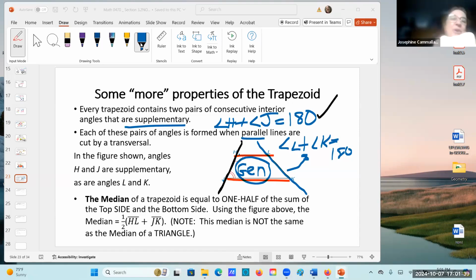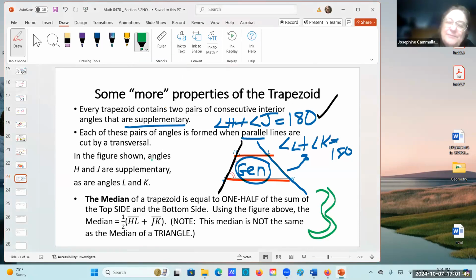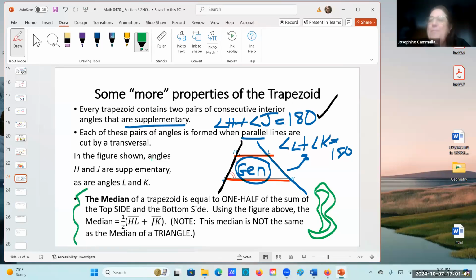Now, the last thing that we're going to talk about is right here. It's called the median. Now, we talked about in chapter 2 the median of a triangle.